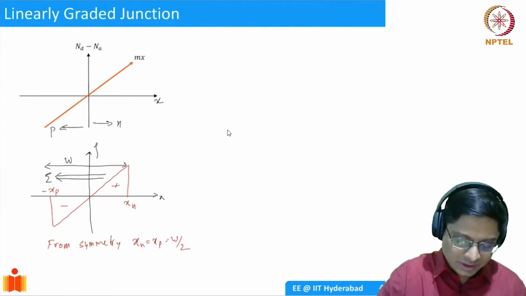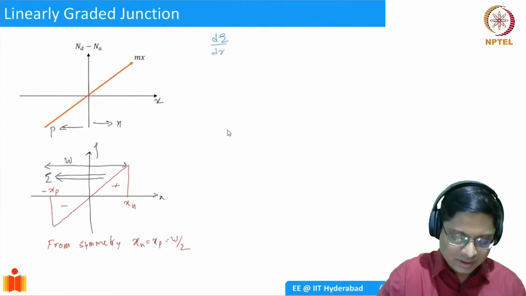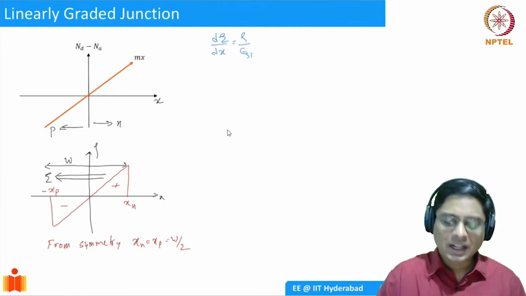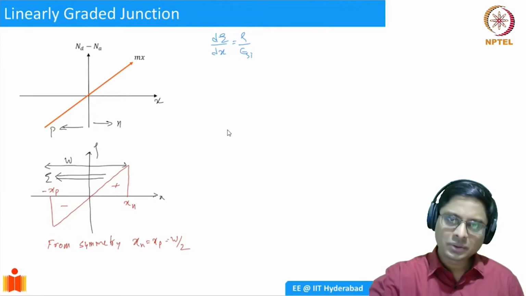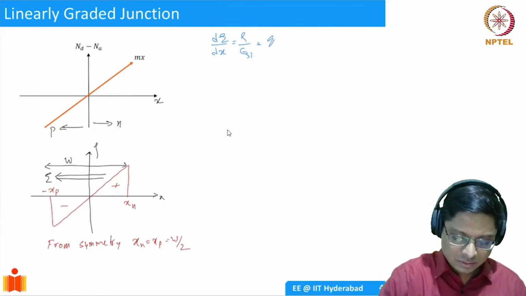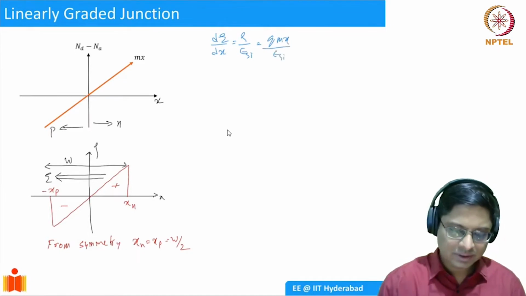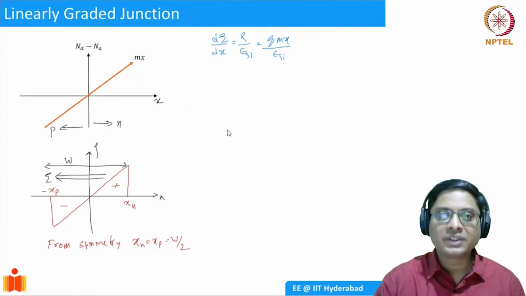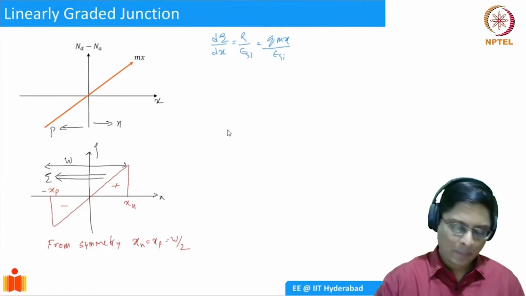Gauss law turns out to be dE by dx equal to rho by epsilon silicon. And what is rho? Rho is now a linear function. So this is going to be Q, let's call it mx, divided by epsilon silicon. So this is the differential equation which will dictate your electric field.